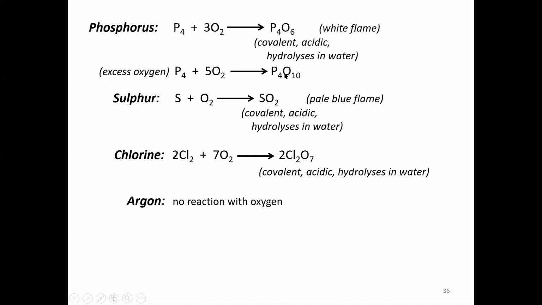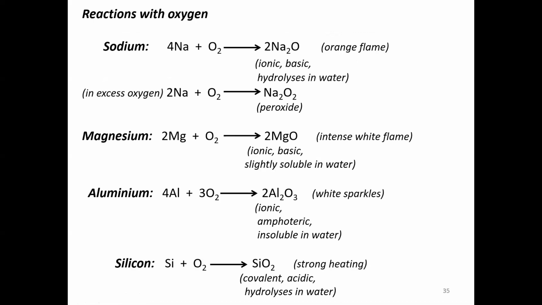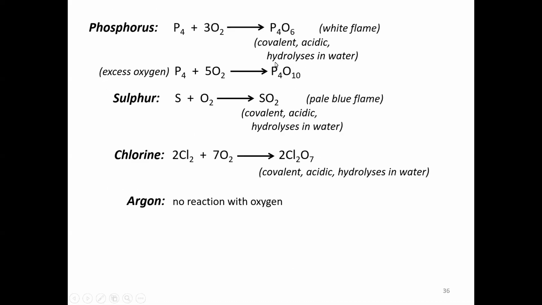So phosphorus(V) oxide is only formed in excess of oxygen, just like sodium peroxide is formed in excess of oxygen. Your sulfur also reacts with oxygen to form sulfur(IV) oxide, which is covalent, is acidic, and also hydrolyzes in water. And it glows with a pale blue flame.